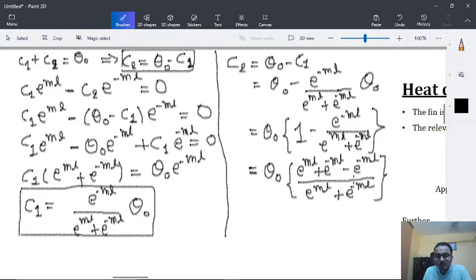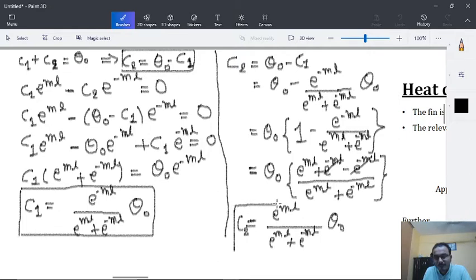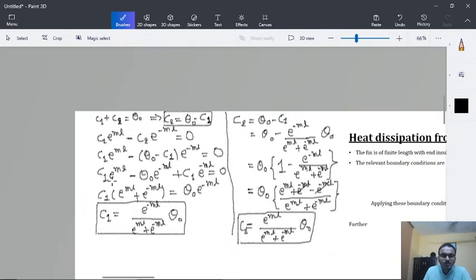So here these two will get eliminated and we will be left with, I am writing in this form here, e raised to ml divided by e raised to ml plus e raised to minus ml into theta 0, that is the value of C2. So we have obtained both the values C1 and C2 on this board.